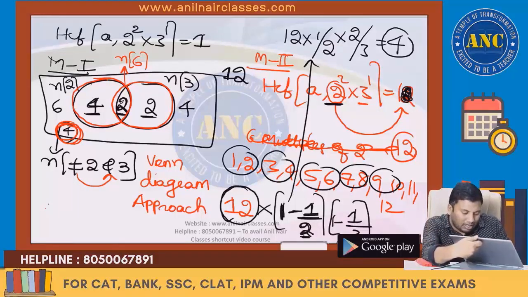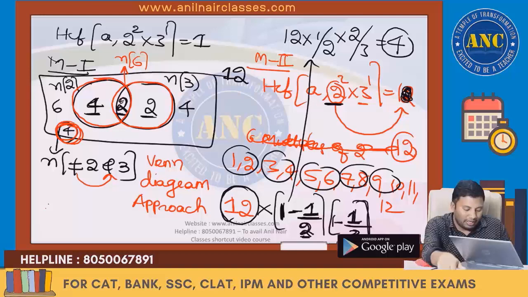How many are not divisible? 1 minus 1 by 2. Out of 3 consecutive numbers, how many are divisible by 3? 1. Not divisible by 3 is 1 minus 1 by 3. 12 into half, 6. 6 into 2 by 3. 12 into 1 by 2 into 2 by 3, answer is 4.